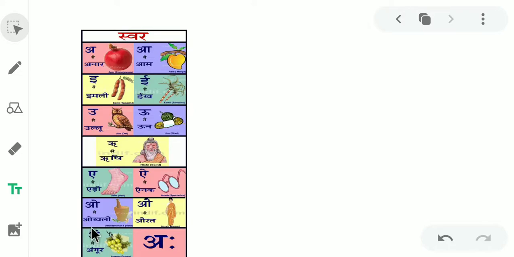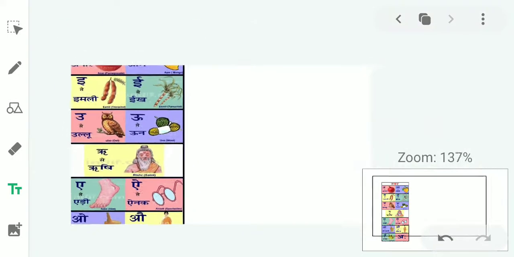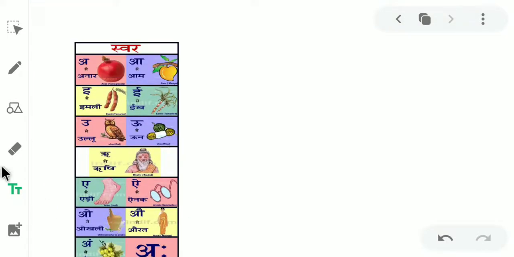O means okhli. In India it is a structure in which spices are beaten into pieces. Au stands for aurat. Aurat stands for woman.